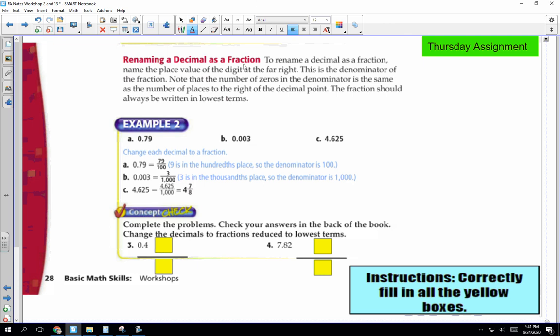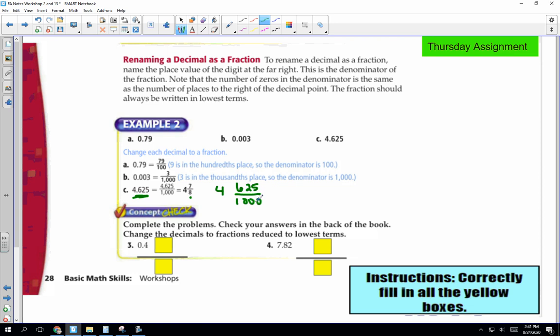The way I like to do this, and the way I'm going to demonstrate for y'all today, is I'm going to take the 4 out because we know it's going to be a whole number. And then I'm going to go 625 over 1,000. That way, if they want us to reduce it down to this low, then that's fine.